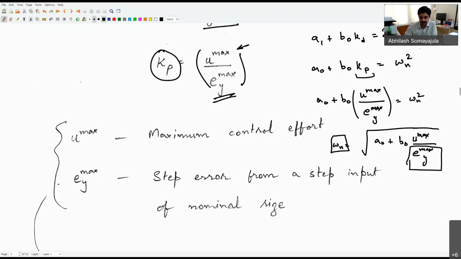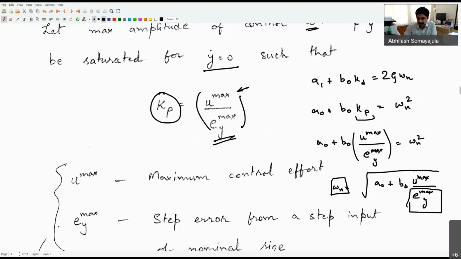Okay, all right. Now, once we know the value of omega n, we can actually put this into the second equation and we can figure out what is the value of zeta in terms of Kd.